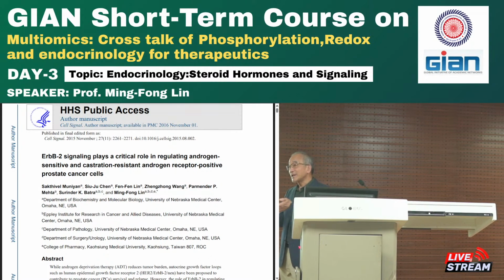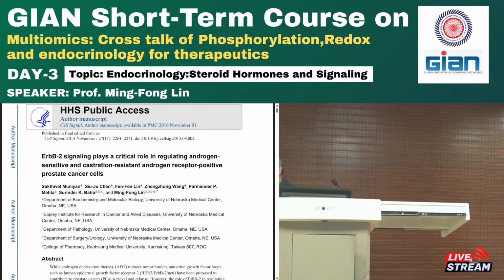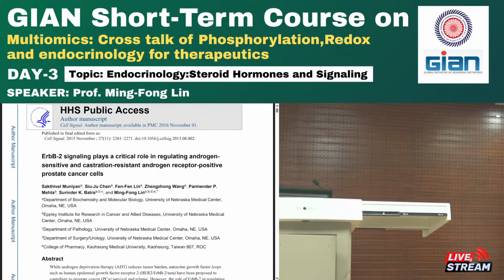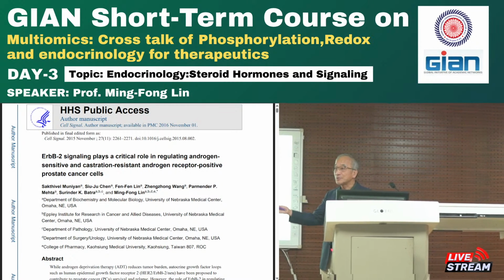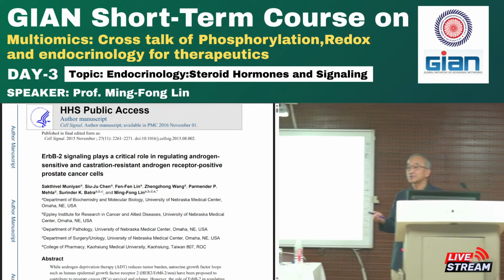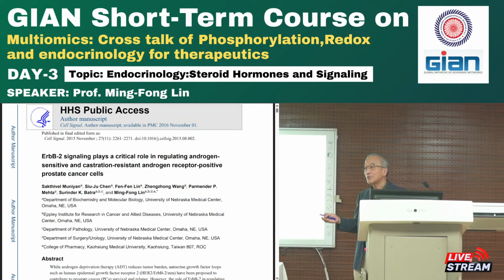So there are many stages, but the bottom line is prostate cancer cell requires androgen function. It's just that they might be sensitive to a low amount of androgen. So even with very residual androgen in the circulation at the castration stage, they can still grow.